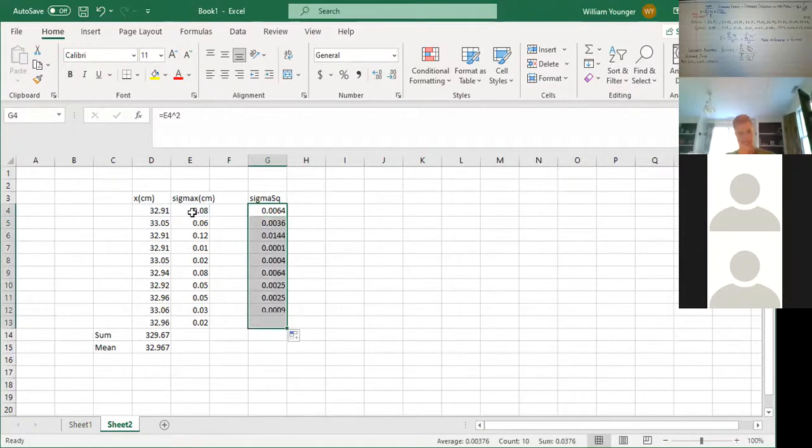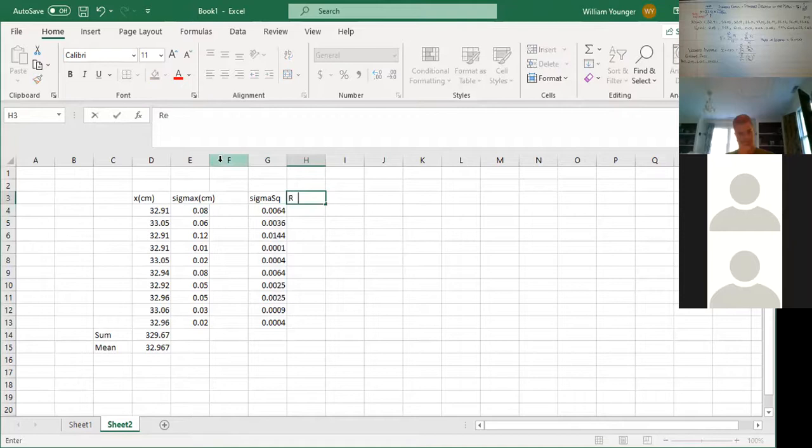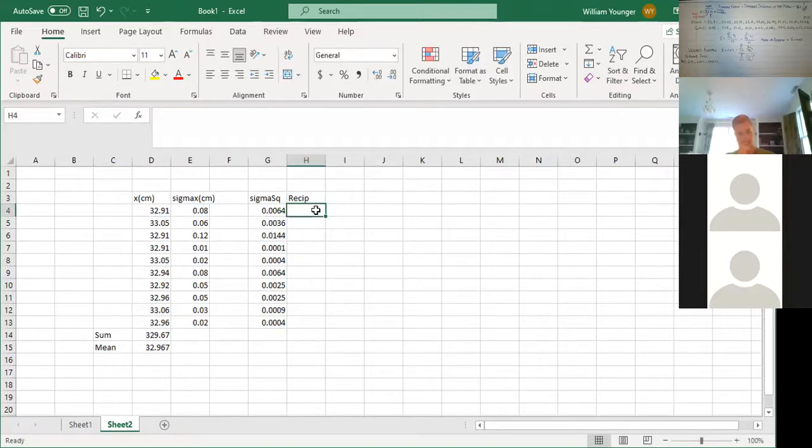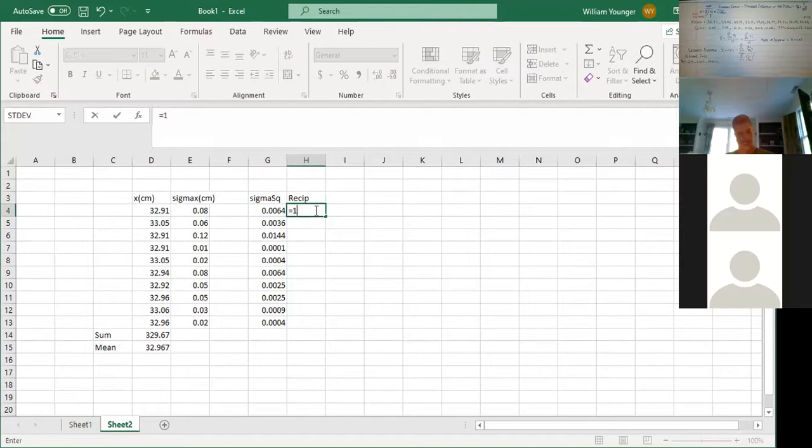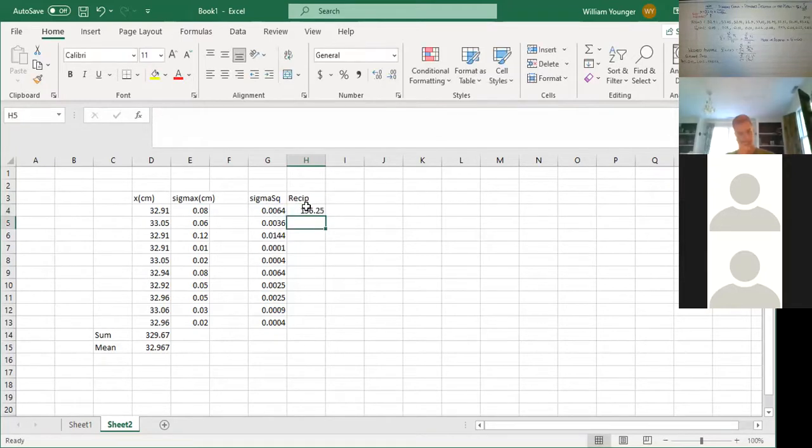So I now know sigma squared, but remember the mean was supposed to be 1 over sigma squared. So I'll say recip. And that just means the reciprocal of sigma squared. In that case, I'm going to say equals 1 divided by that. Now I'll copy that down.